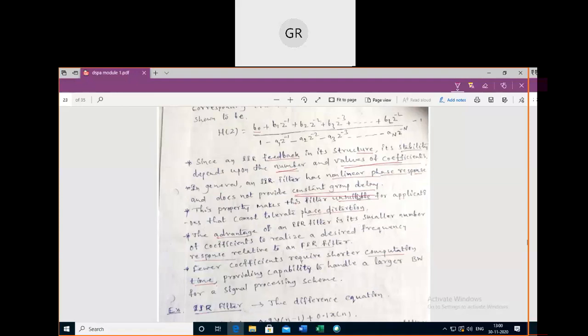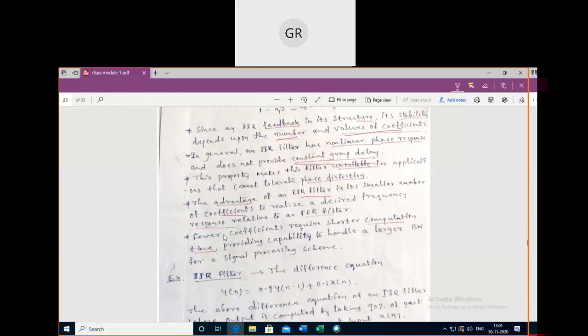The advantage of an IIR filter is its smaller number of coefficients to realize a desired frequency response relative to an FIR filter. Fewer coefficients require shorter computation time, providing the capability to handle a larger bandwidth for signal processing.